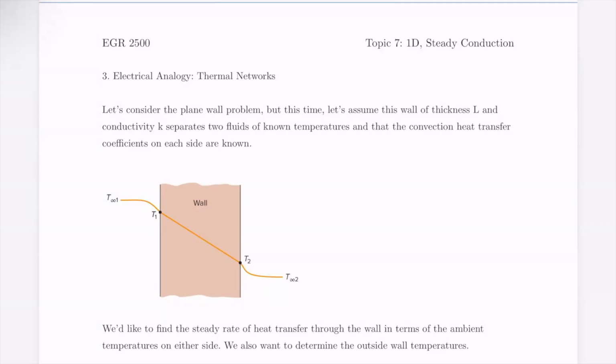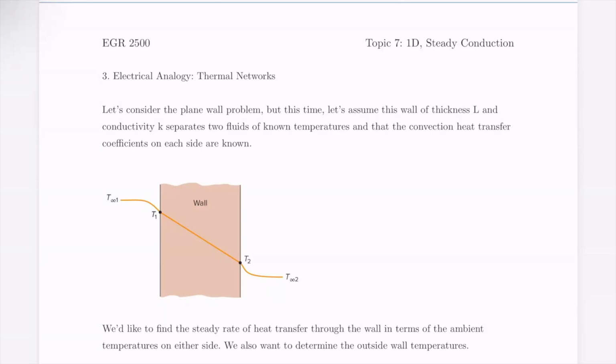If we want to do a more complicated problem, we can use our rules from circuitry to help us out. So we are going to look at a plain wall with thickness L and conductivity K, separating two fluids of known temperature.